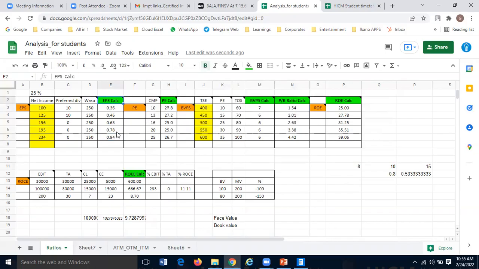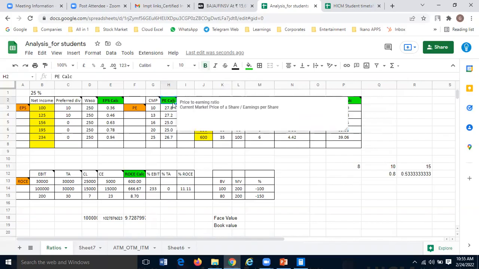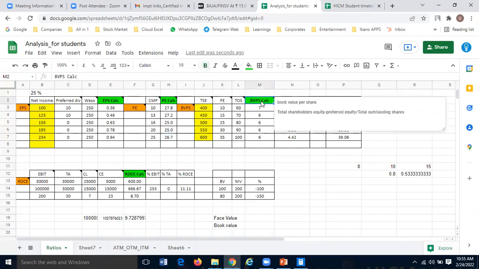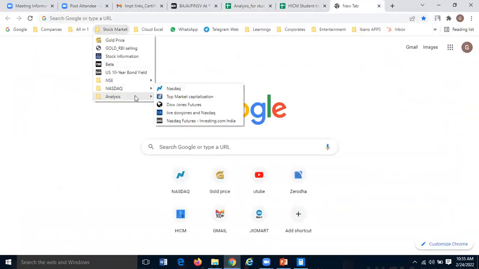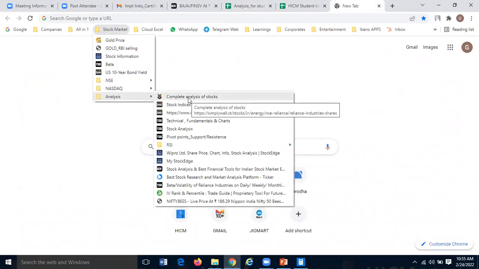EPS has to be multiplied by the P ratio, and in the same way BVPS, book value per share, has to be multiplied by the PB ratio. So if I keep the market price constant, you will see the PB ratio has decreased here. There is a link also. I will share a link with you for the analysis.